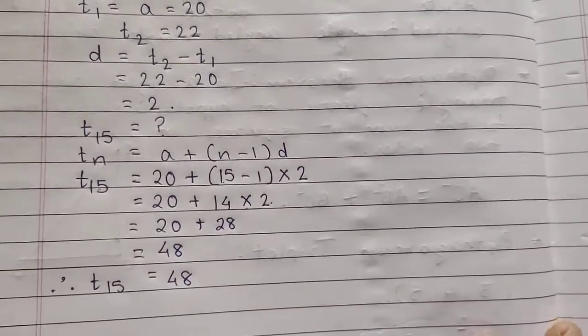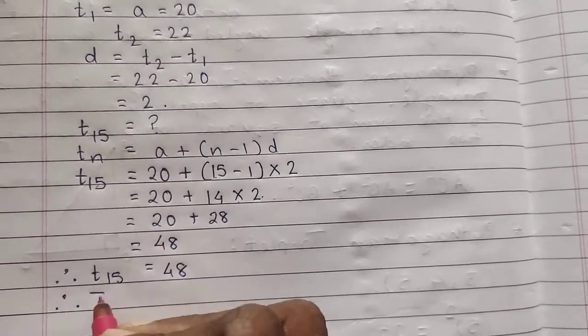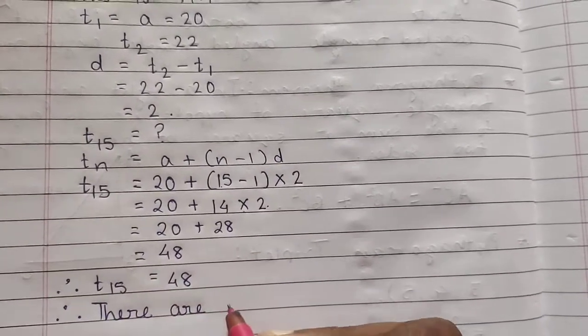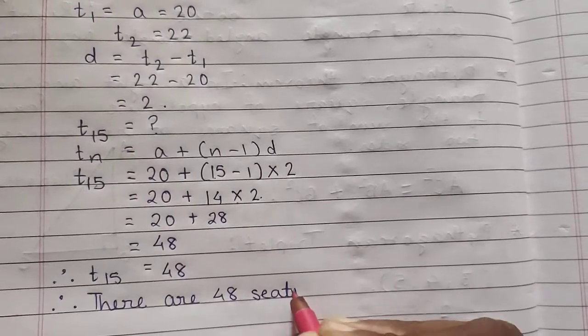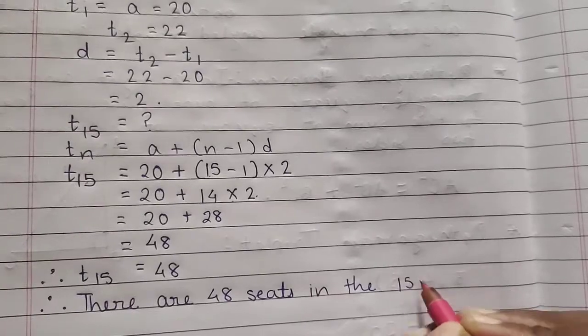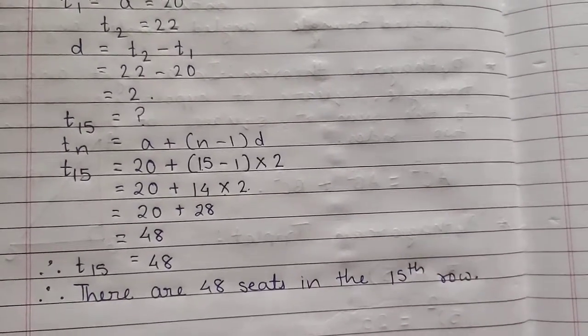Now since T15 is 48, that means there are 48 seats in the 15th row. So we have done the first part of this.